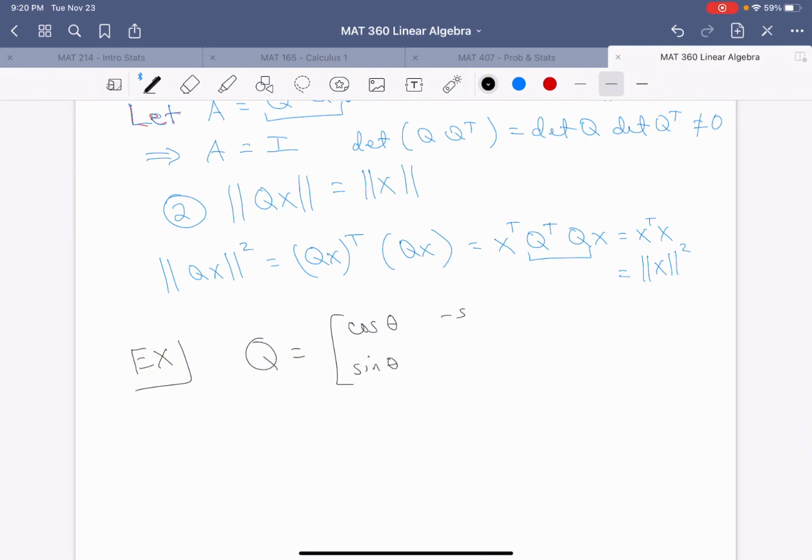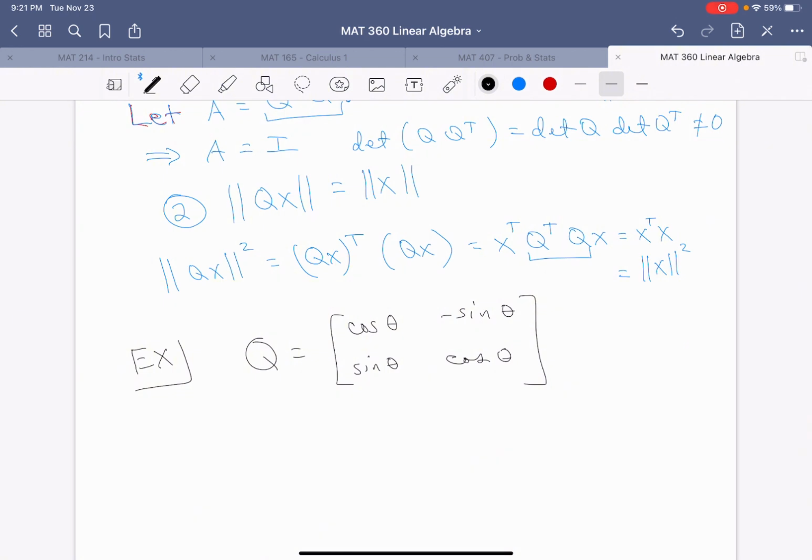And then we have negative sine theta, cosine theta. Well, if you look at the columns there and remember your trigonometry, I think you can be convinced that this is an orthogonal matrix.